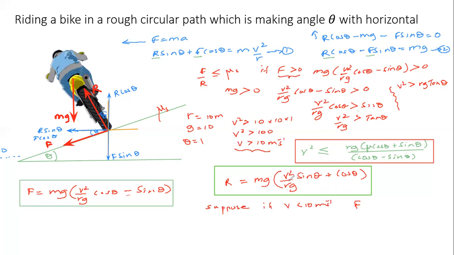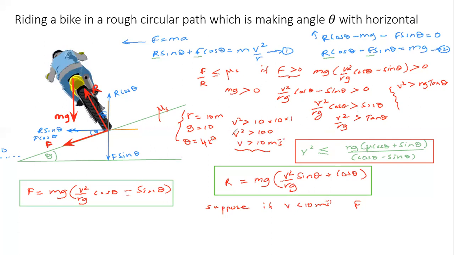Can you understand that? Because this is positive if this is greater than 0, and this is true when v squared is greater than this. So as an example, we consider r to be 10, g is 10, theta is 45 degrees, so that tan 45 is 1.